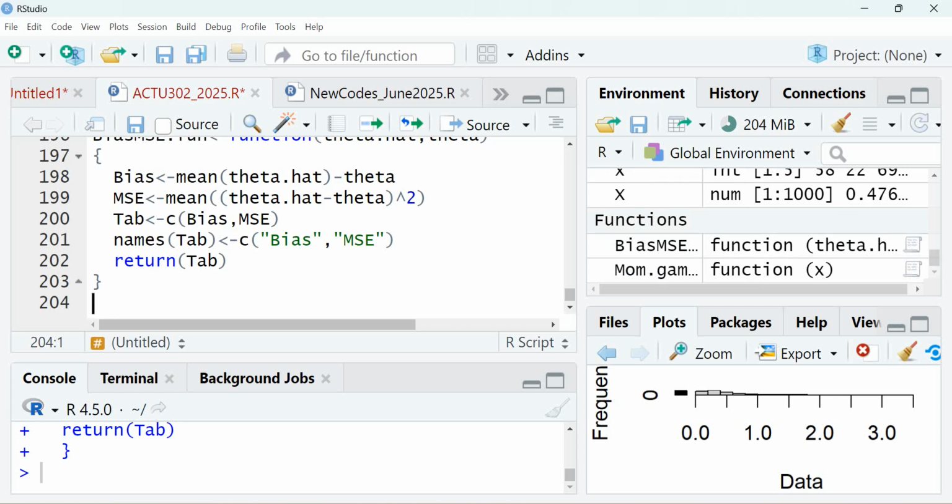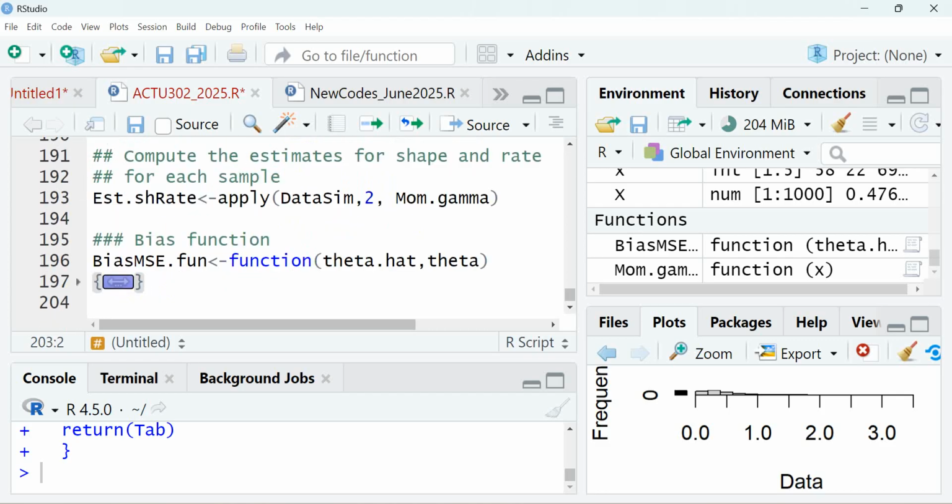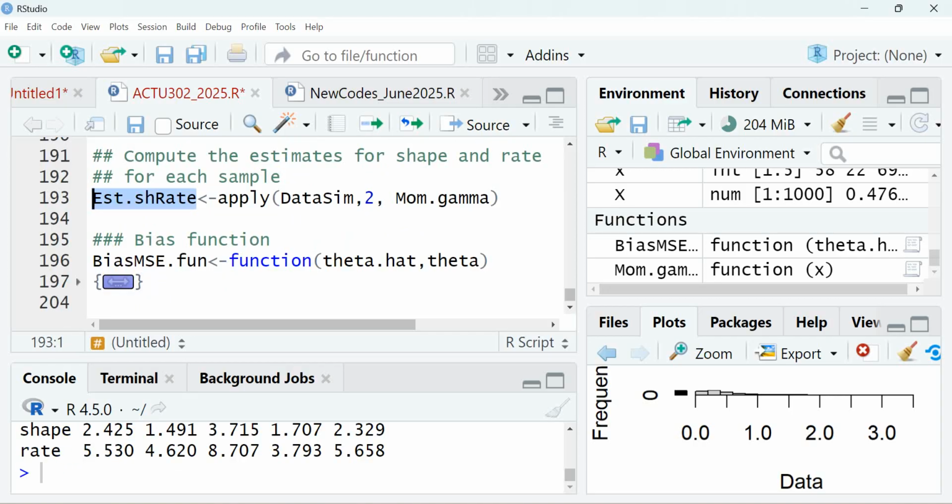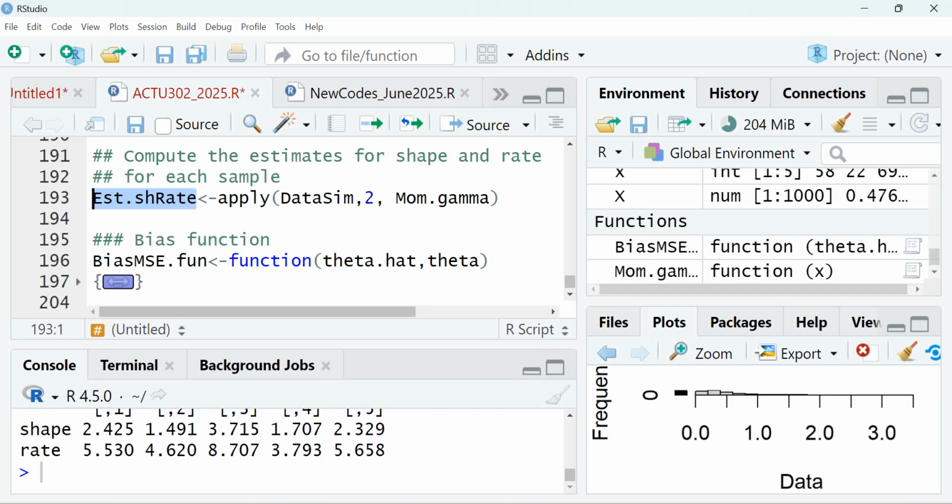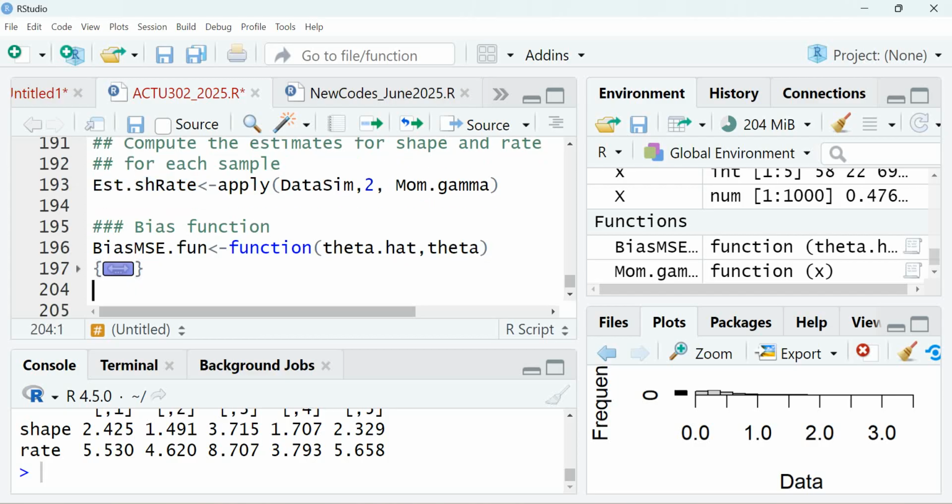We can use it. If we want to use this one, remember this one is what? A matrix. So it means we can also use apply on each row, right? Is that okay? If I apply this on each row, I'm going to get it. Or alternatively, I call bias fun.